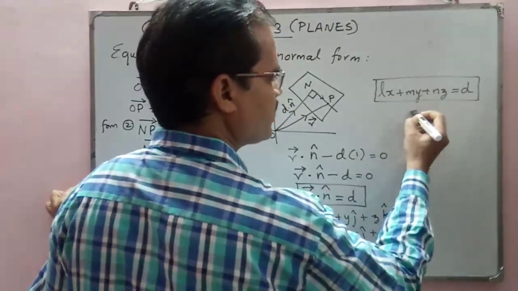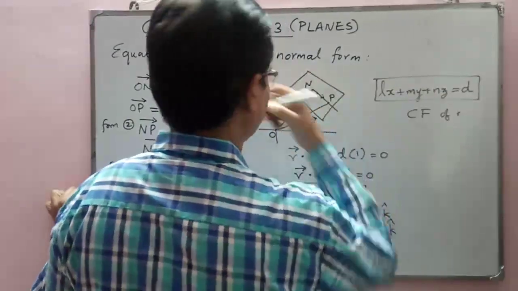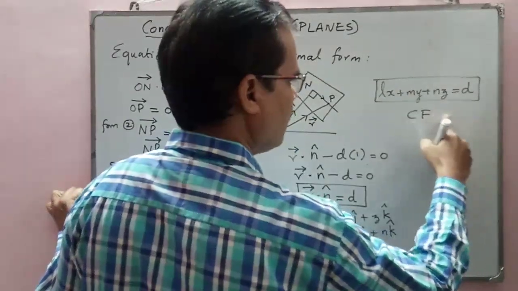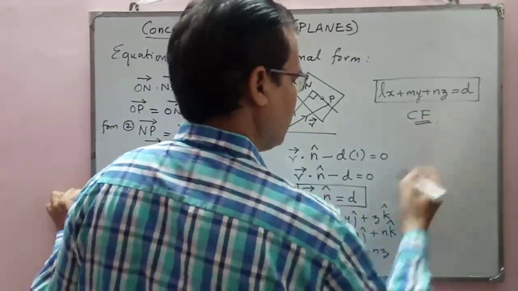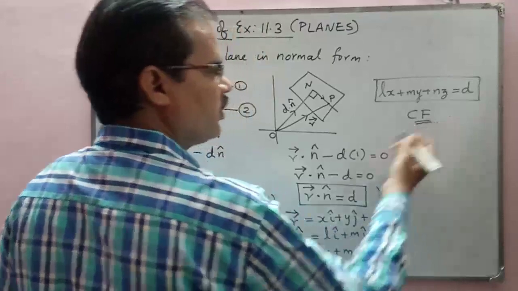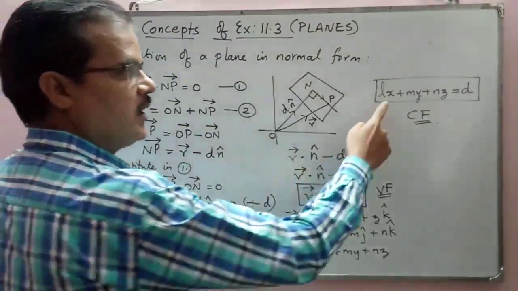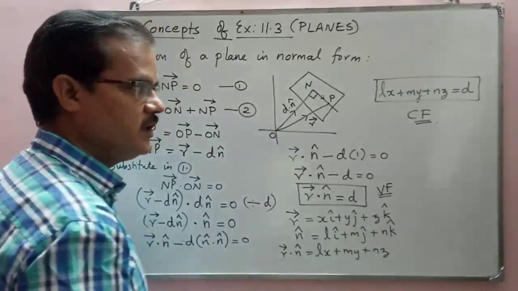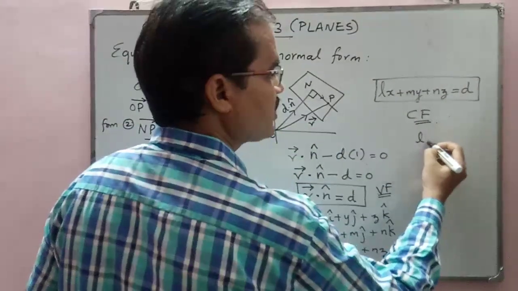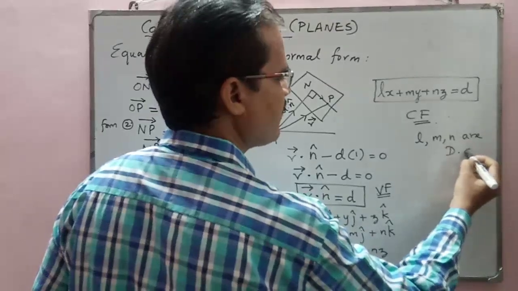This is the Cartesian form of the equation of a plane in normal form. This is the vector form and this is the Cartesian form. So you need to remember these two formulas: R vector dot n cap equals d, and lx plus my plus nz equals d, where l, m and n are direction cosines, or DCs.